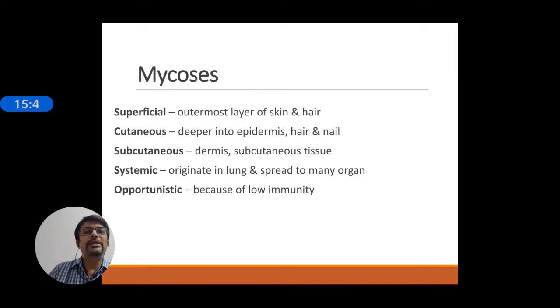And one different type of mycosis is known as opportunistic mycosis. When the patient's immunity is low, the fungus will produce various infections. That is known as opportunistic mycosis.